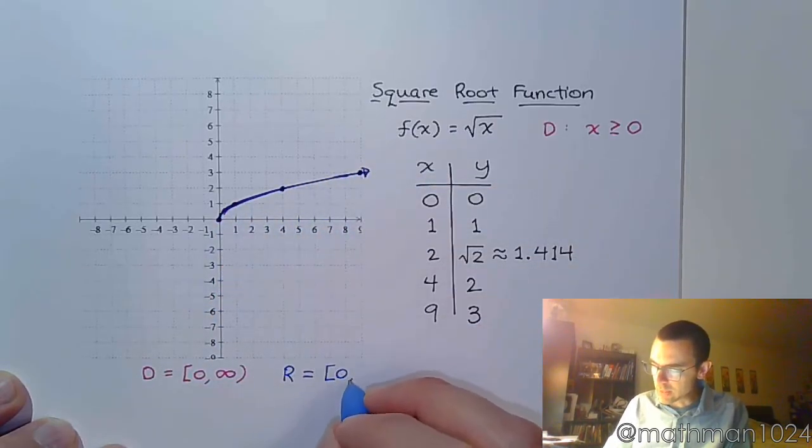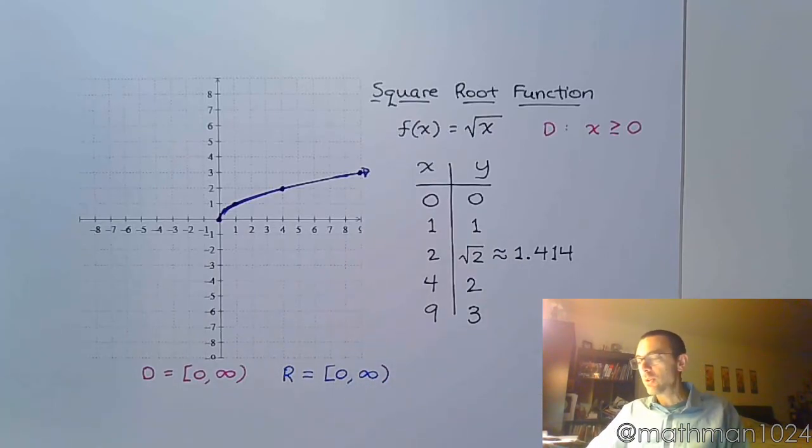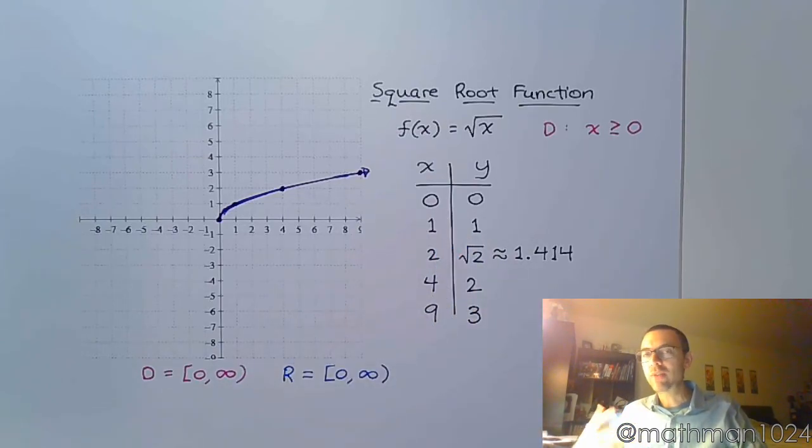So that's bracket 0 to infinity. So this is the first case we've seen of one of our parent functions that has a restricted domain, and that's because of the square root. And it also leads to a restriction on our range. All right, know these key points, because that's going to be useful for us when it comes to graphing in just a little bit.